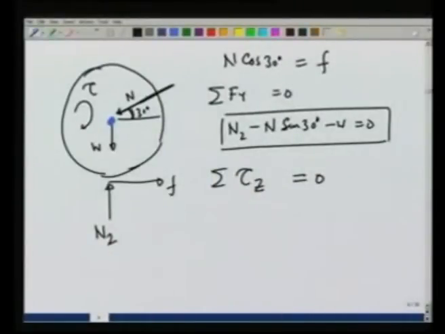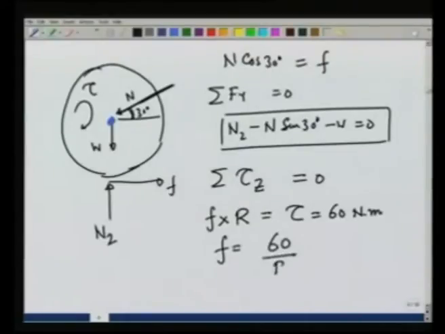That is the advantage of taking torque about this point, and therefore, I would have F times the radius of the wheel is equal to tau applied, which is 60 newton meters, and therefore, F is equal to 60 over r. The radius r is given to be 300 millimeters. Here we will write this in meters. So, this is going to be 60 over 0.3 is equal to 200 newtons.